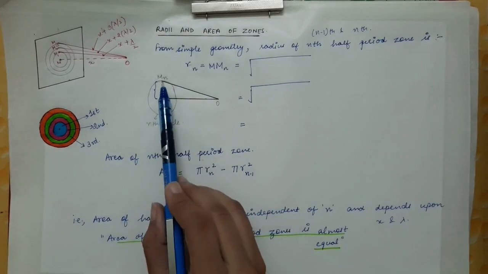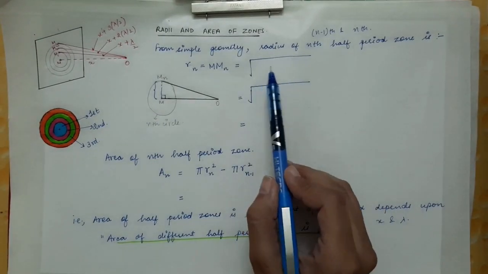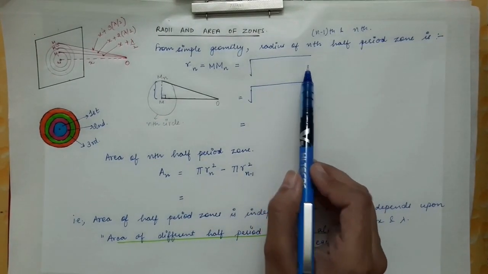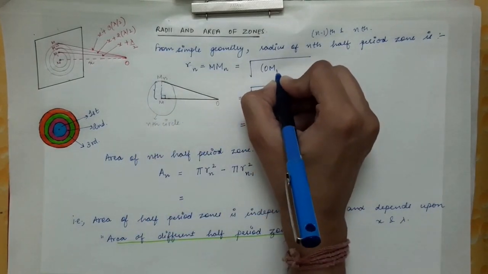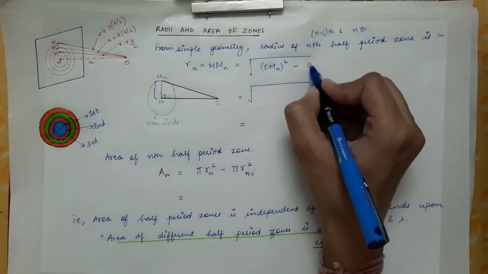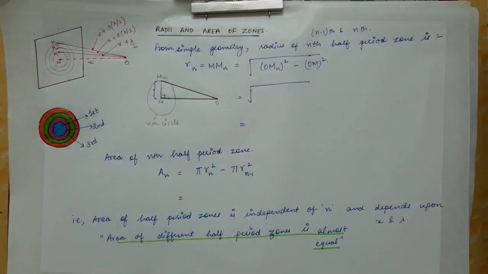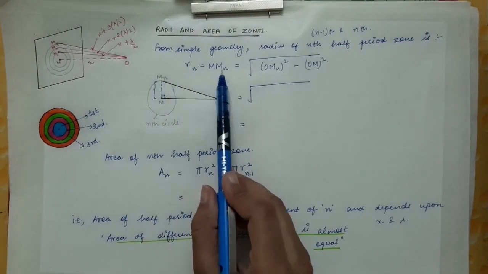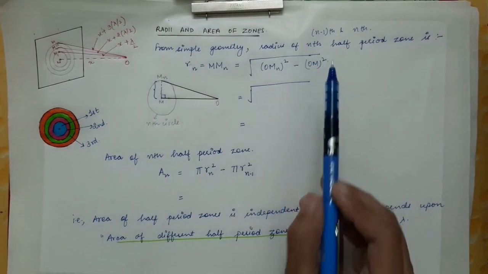So this Rn will be equal to the square root of hypotenuse square minus base square. What is the hypotenuse? It is OMn whole square minus OM square. So we are using the Pythagoras theorem here, that this radius MMn is equal to the square root of OMn square minus OM square.